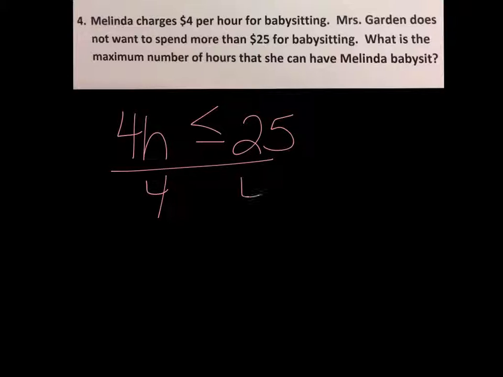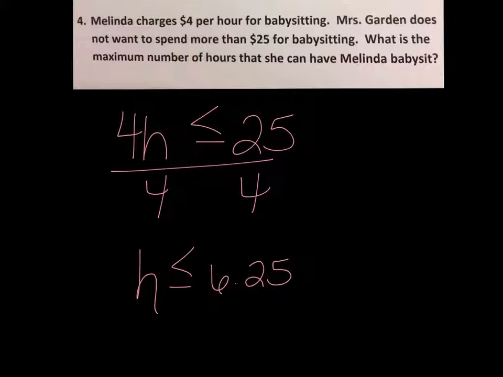Divide by 4 to solve, and when you divide, what do you get? Very good. H is less than or equal to 6.25. So she can have her babysit for 6 1/4 hours or 6.25 hours at $4 per hour.